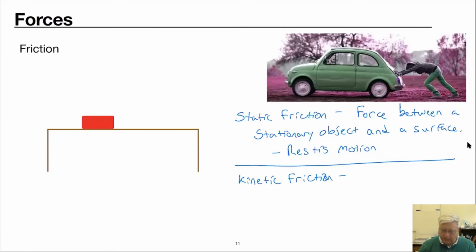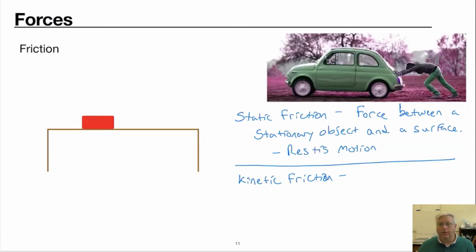It's essentially the same definition as static friction, but you swap the word stationary to moving. So when an object is sliding along a surface, or rolling along maybe, then the surface exerts a contact force that also opposes that motion. So we call this kinetic or sliding friction.